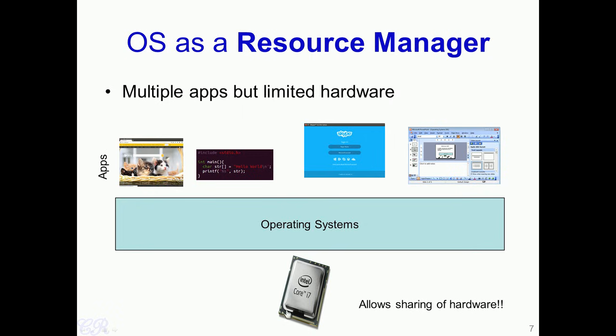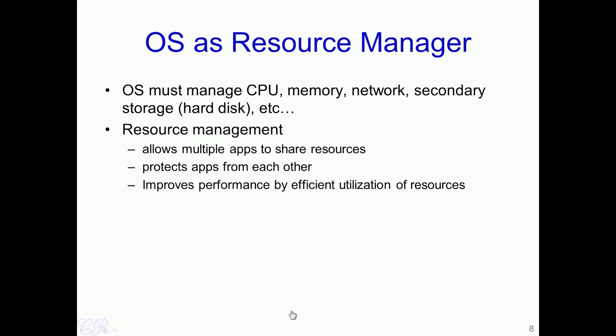Now, within this computer hardware, there are several components which the operating system manages. For example, the CPU, the memory, network, the secondary storage devices like the hard disk, the monitors, and so on. All these components within your computer have a restricted amount. You may typically have around 2 or 4 or 8 CPUs present in your system.